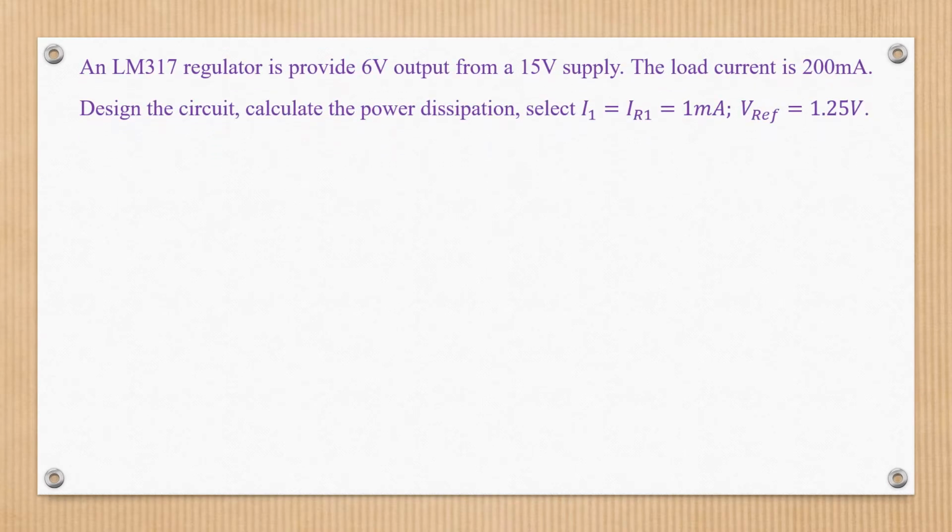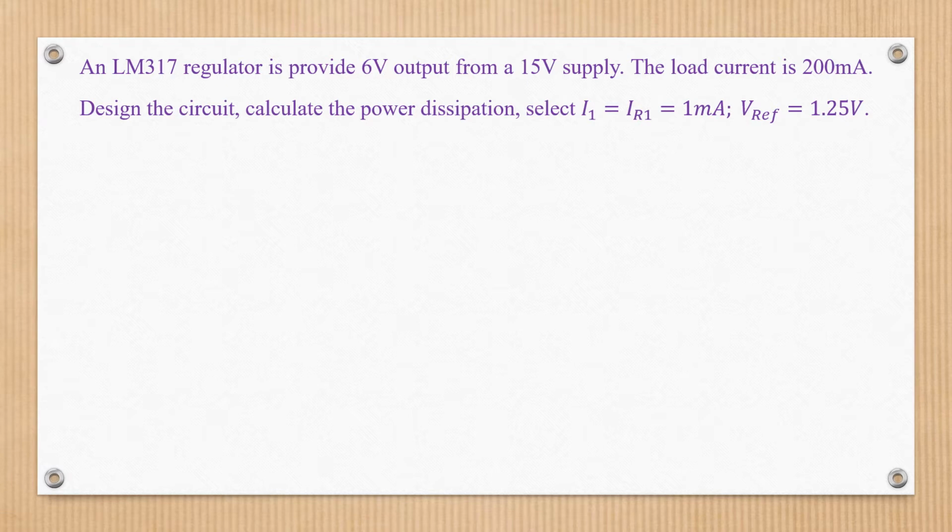The LM317 regulator is to provide 6 volt output from a 15 volt supply. The load current is 200 milliamp. Design the circuit, calculate the power dissipation, and select I1 which is equal to IR1 which is equal to 1 milliampere, and V reference is equal to 1.25 volt.